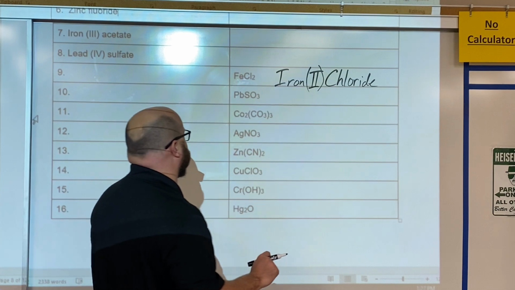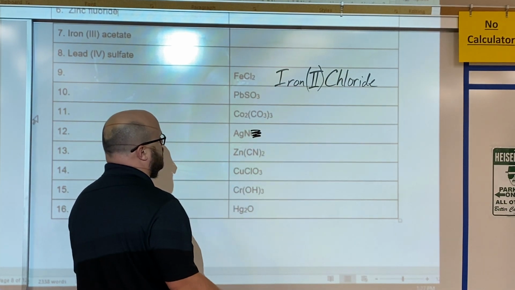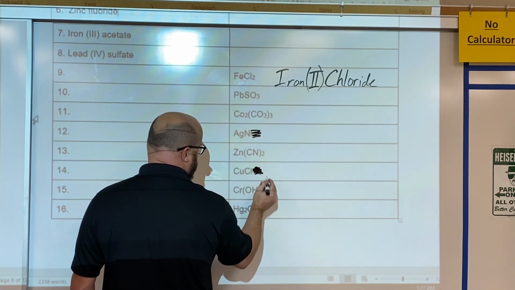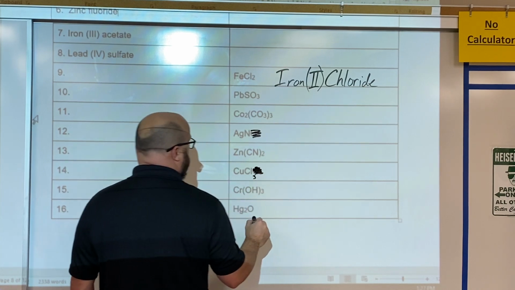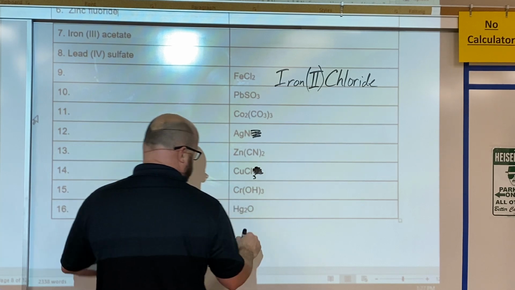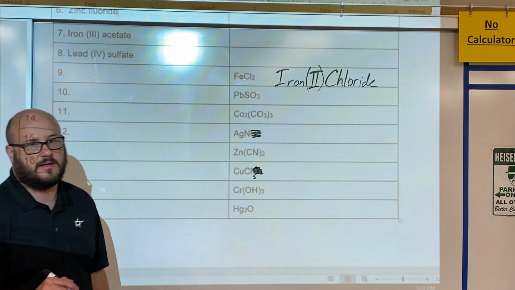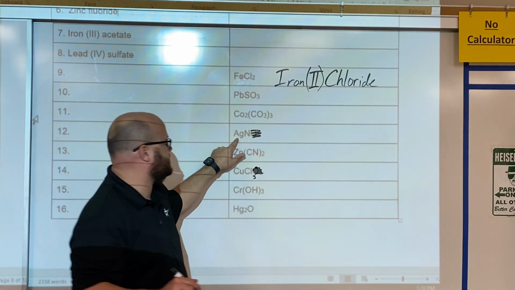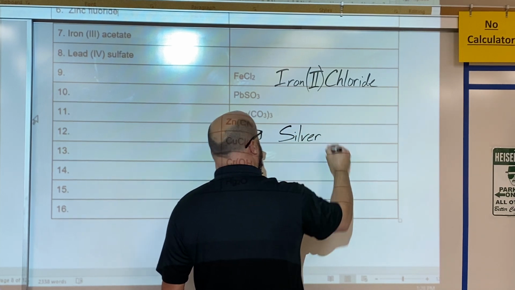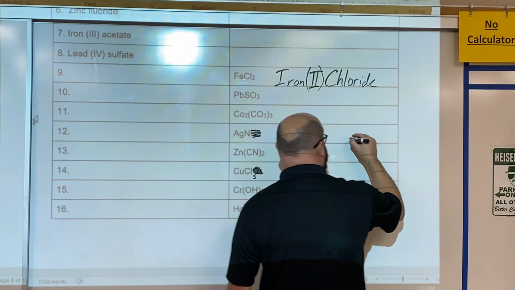And for these next examples, I'm going to change it up just a little bit. All right, look at this next one. AgN. Ag is silver. N is nitrogen, but leave a space.